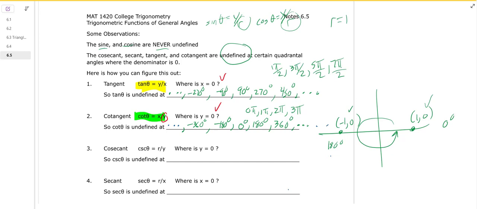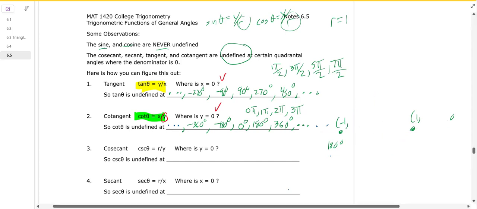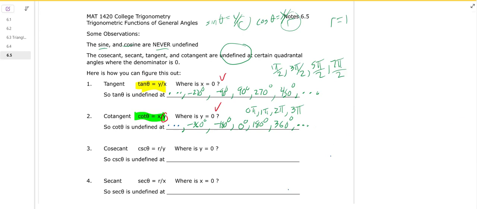So if you think about it, when you're looking at these trig functions, some of them are going to be the same. Since the tangent is y over x, and the secant is r over x, these two things should have the same angles where they're undefined because it's asking the same question. So you reason this out the same way.